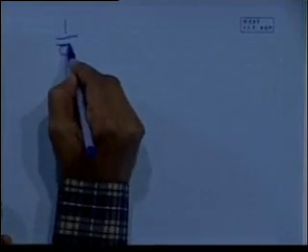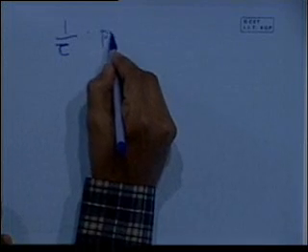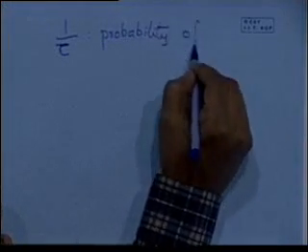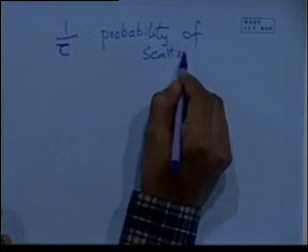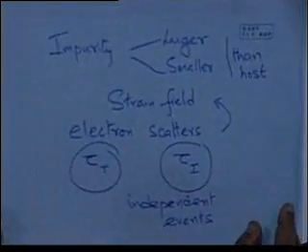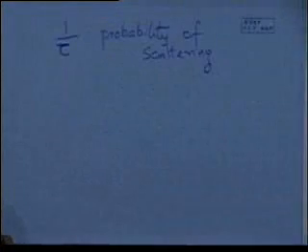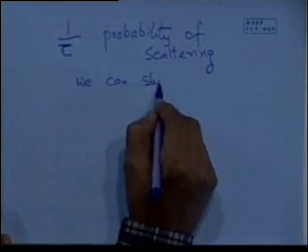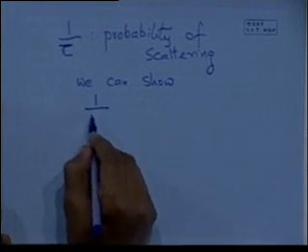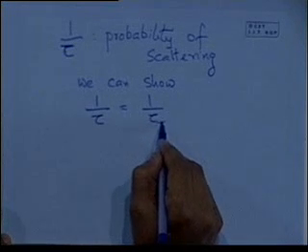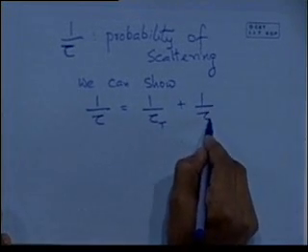Basically, if tau is the mean time to scattering, 1 by tau is the probability of scattering. Okay? And because these are two independent events of scattering, from statistics we can show that for these two independent events, the total tau is given by 1 by tau is equal to 1 by tau_T plus 1 by tau_I.